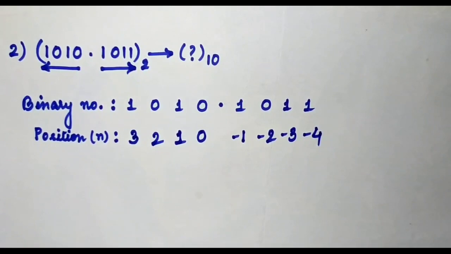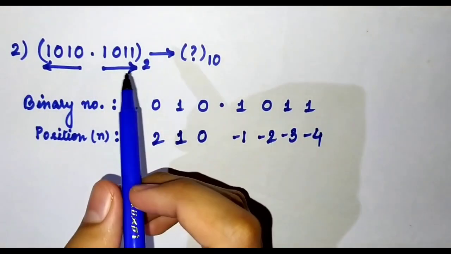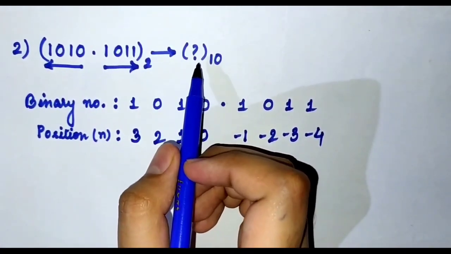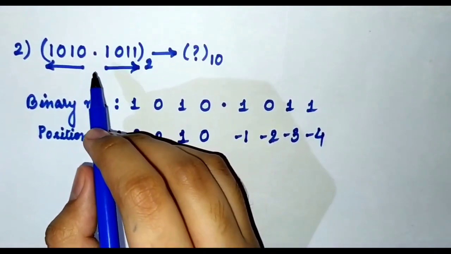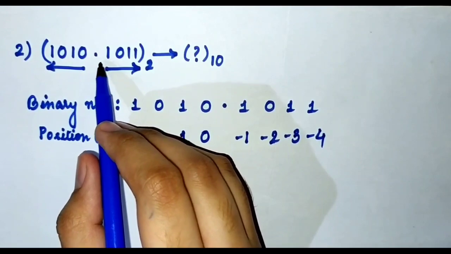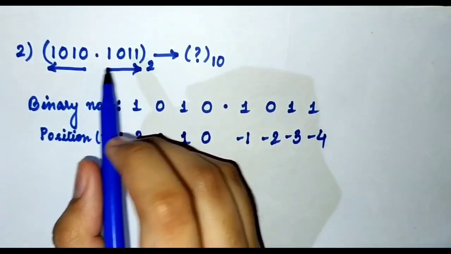Now, let's take a look at the second example. Here, I have a binary number and I need to convert it to decimal number. As you can see, this binary number has a binary point and a fractional part.